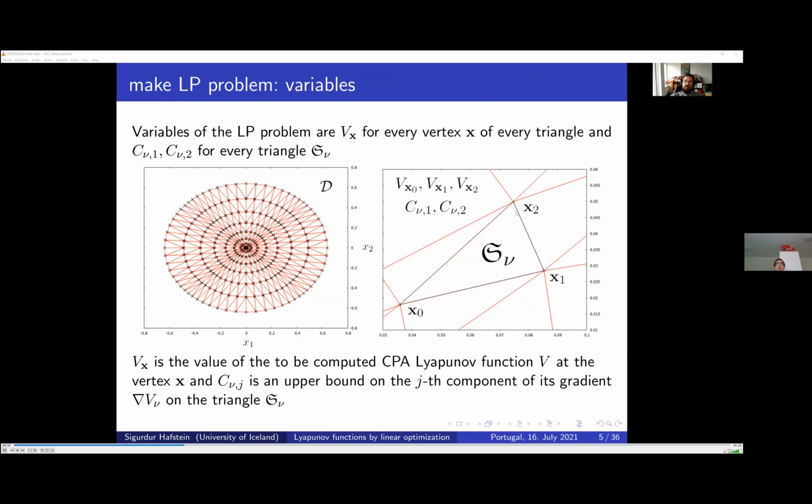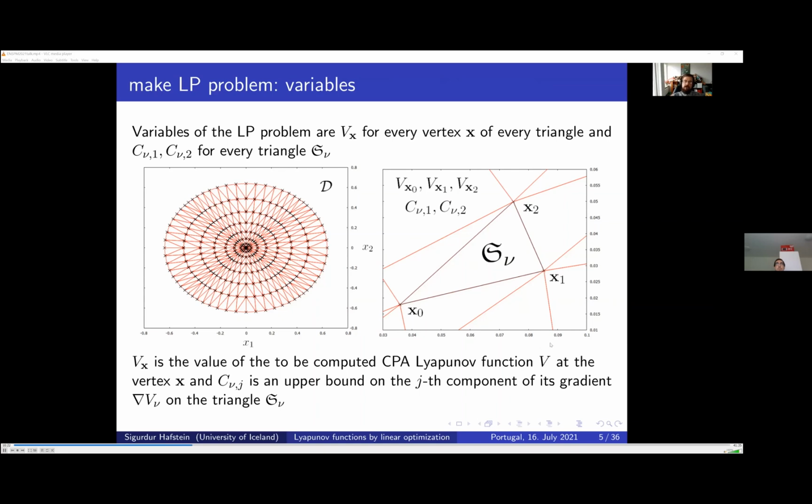So we make the variables for our linear programming problem V at x0, V at x1, and V at x2. These will be the values of the Lyapunov function at these points. And then we have some auxiliary variables here, C nu 1 and C nu 2. And these will be used to get a bound on the one norm of the gradient of the Lyapunov function on this simplex here.